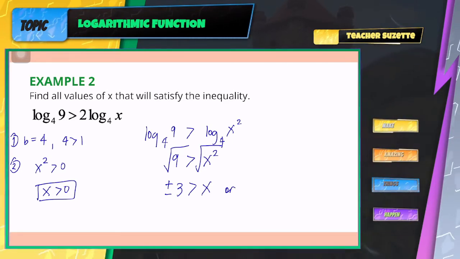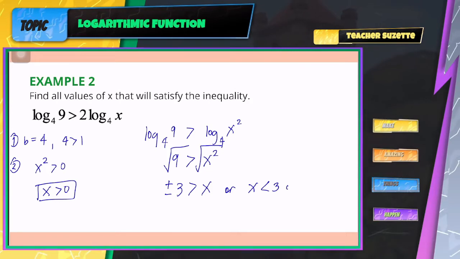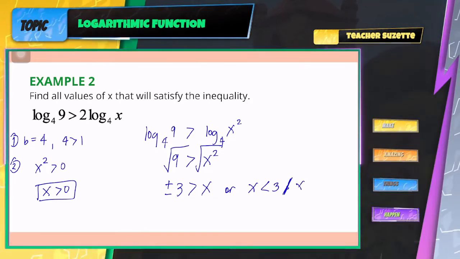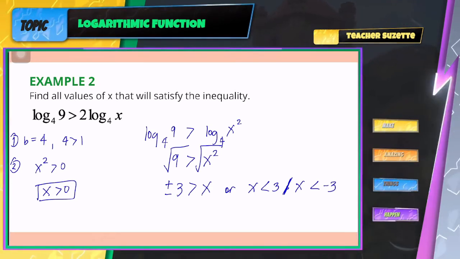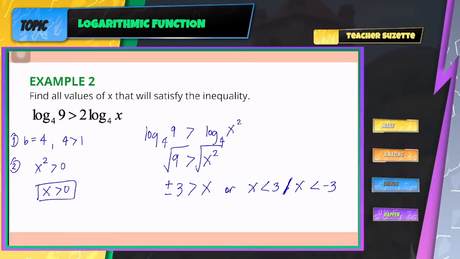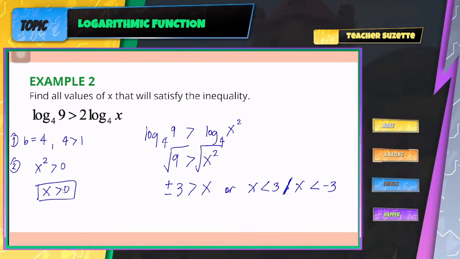Or, this is x is less than 3 and x is less than negative 3. So, now, let's see or let's check it with our resulting value kanina, which is x is greater than 0.